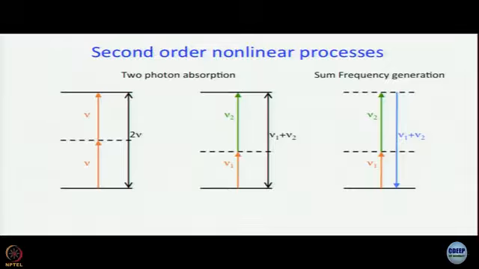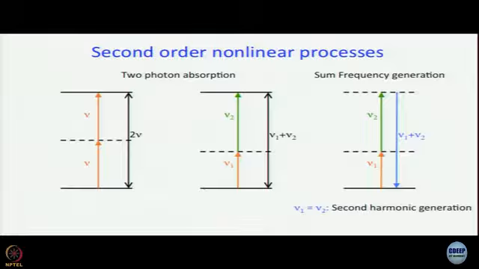If nu 1 plus nu 2 is the case, we call it sum frequency generation, and in the special case where nu 1 and nu 2 are equal to each other, we get second harmonic generation. That is what we do inside our Millennia laser, and in the FOG instrument and in many other places.